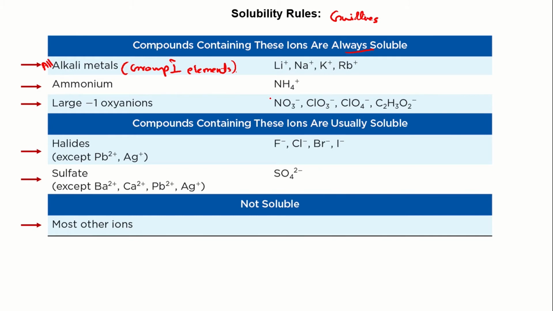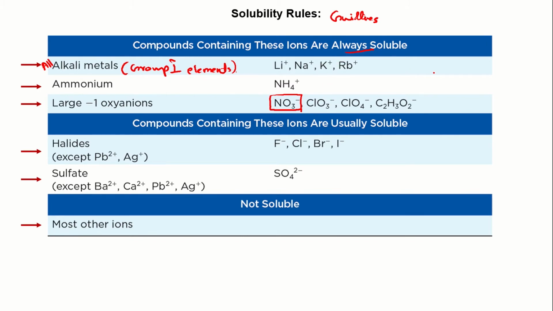For example, nitrate. Nitrate is a very commonly used polyatomic oxyanion in this course. So keep in mind, if you see nitrate, NO3-, that is always soluble.